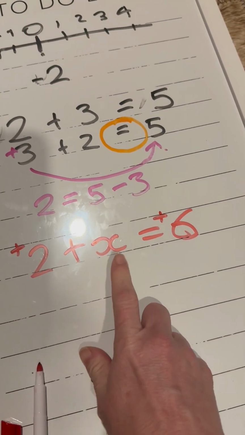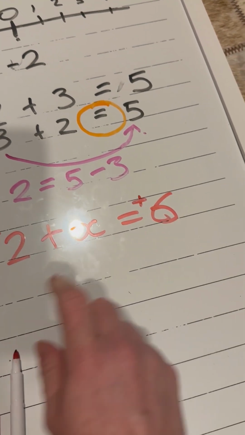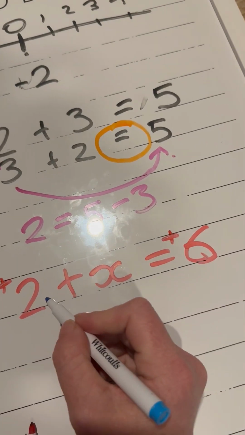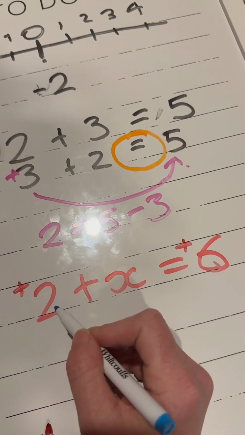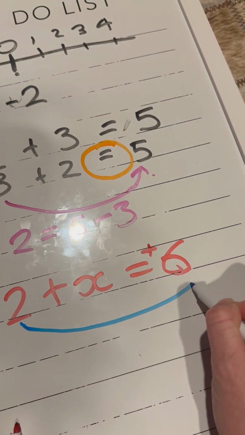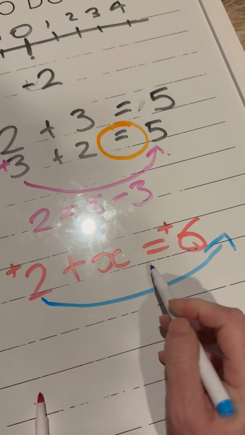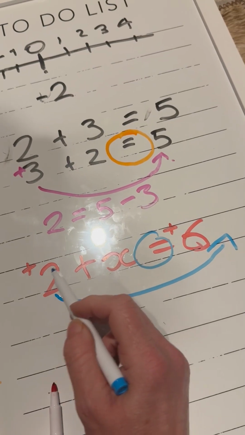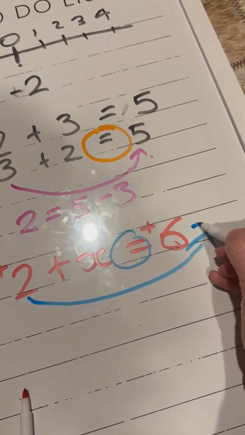To get x by itself, you need to move the 2 to the other side of the equation, okay? So we're going to move the 2 over here. Because we're moving it to the other side of the equal sign, the 2 is going to become a -2.